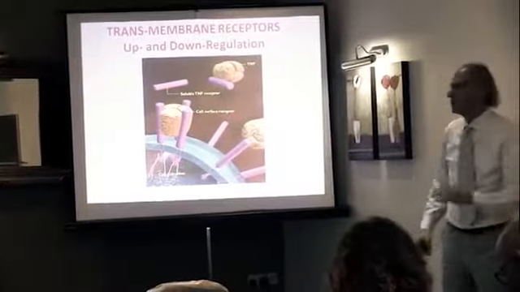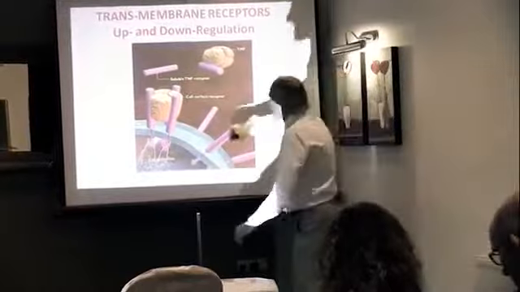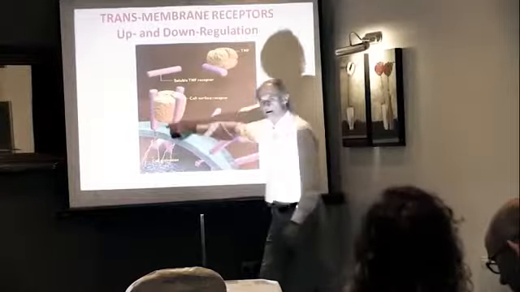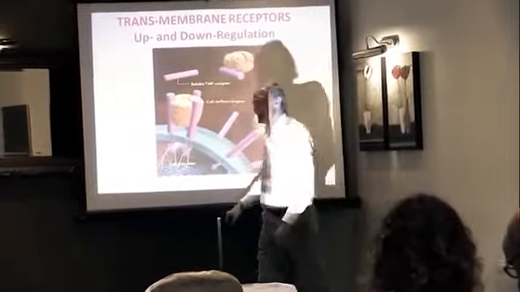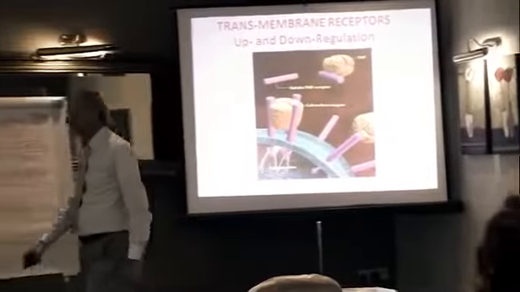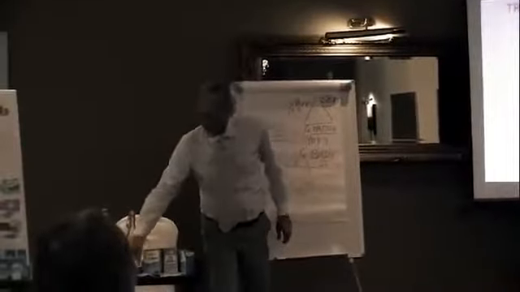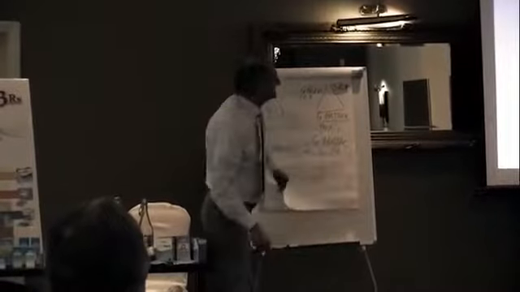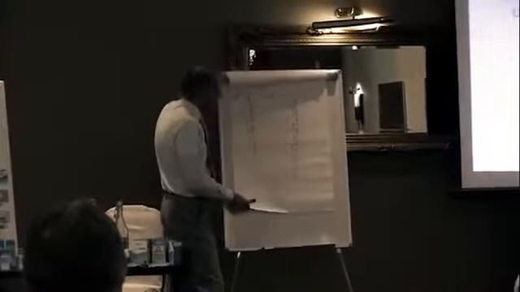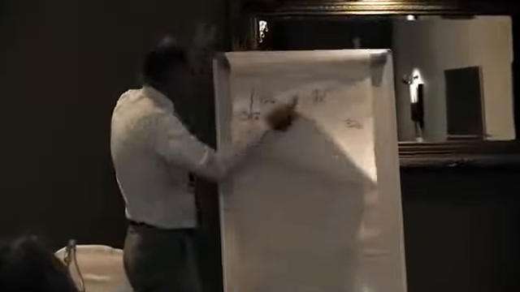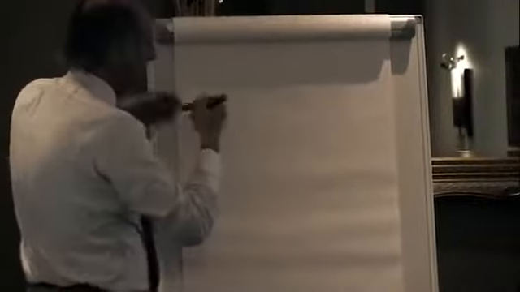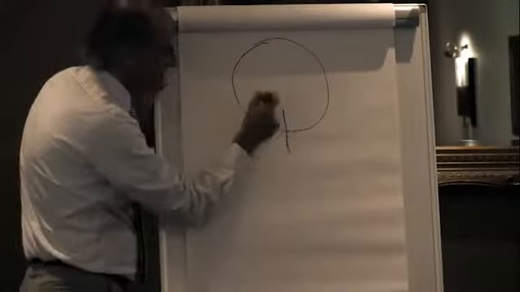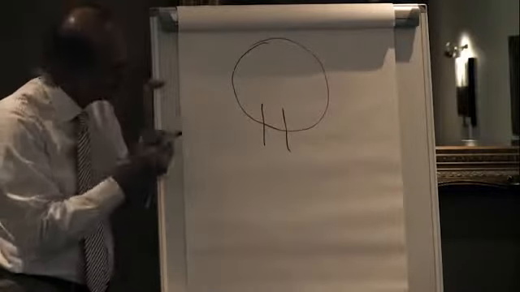Because you have to focus on this structure on the surface of the cell. It is the transmembrane receptor. I reproduce this picture at the flip chart. Look, this is a cell. This is the transmembrane receptor.